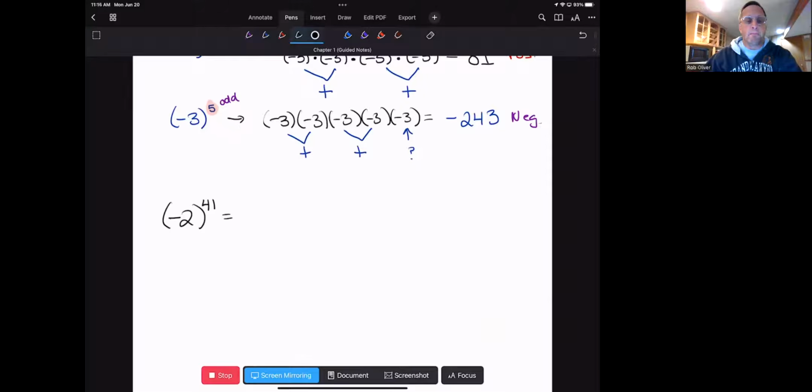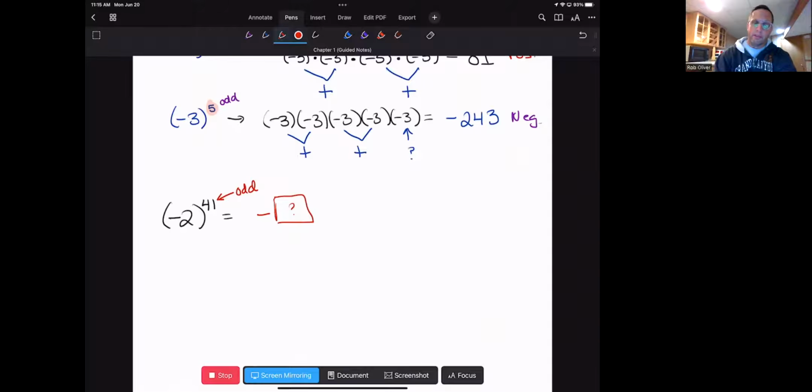It's negative 2 times negative 2 times negative 2, and I'm not going to say all 41 times, but that's what's going on. Since the power is odd, I know this is going to be negative something. I'm not going to worry about what the number is; I just want to focus on the fact that it is negative.